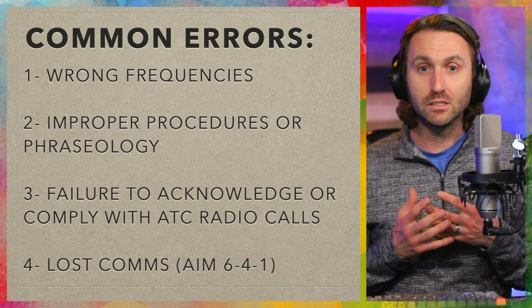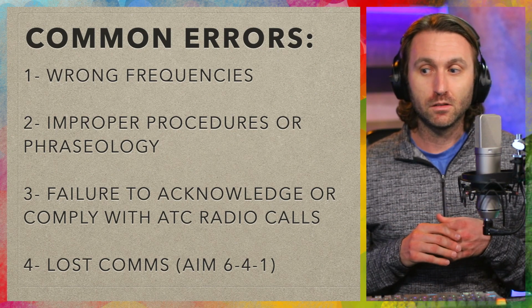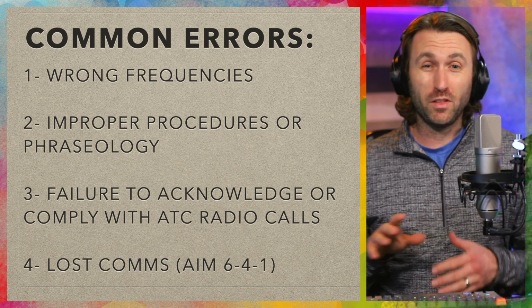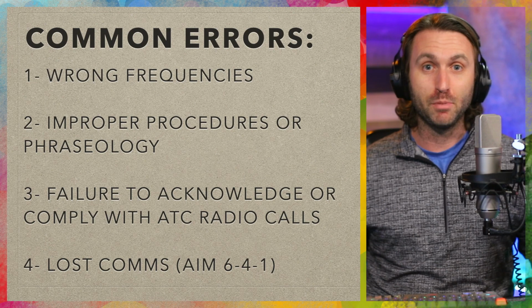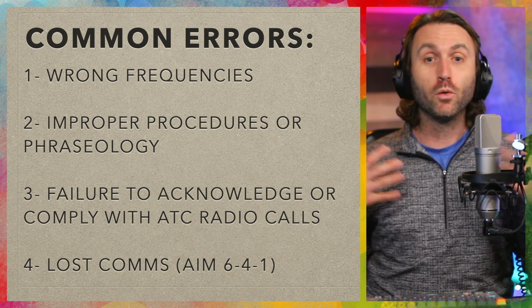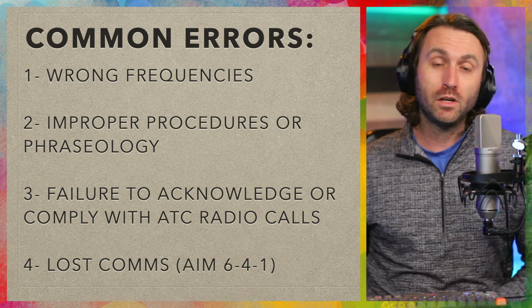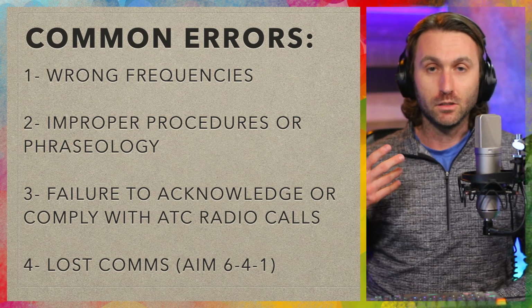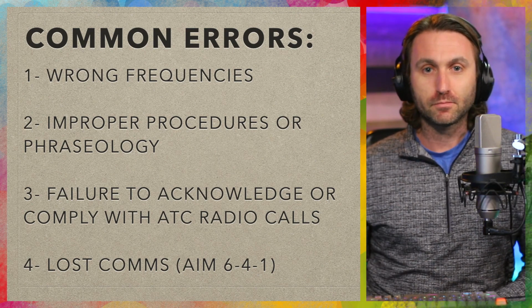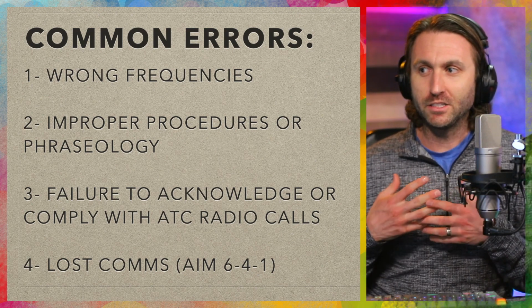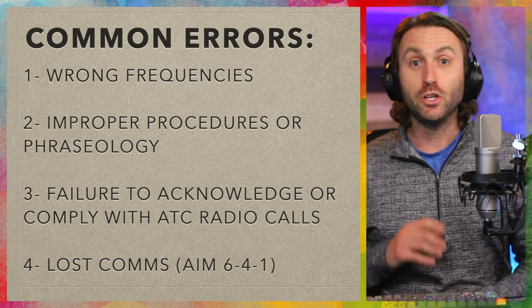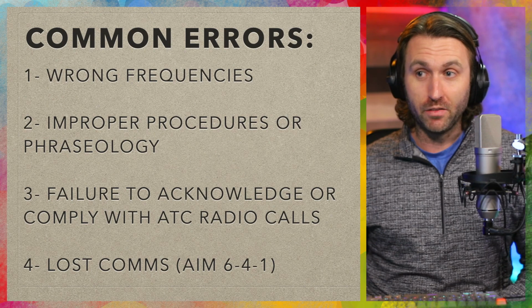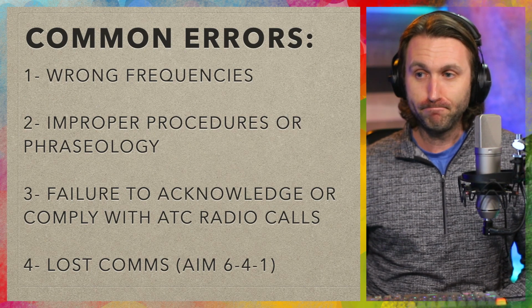But in other cases, right? I mean, to show up to an airport where you think the environment is completely empty, you're trying to paint this picture of where everybody else is at in a busy non-towered airport. You don't hear anybody else. It's because you're on the wrong frequency. Or somebody else is on the wrong frequency. So it's nice to use the radio as a tool to paint a picture of the airport environment, but just know there could be somebody that's not on frequency that should be.